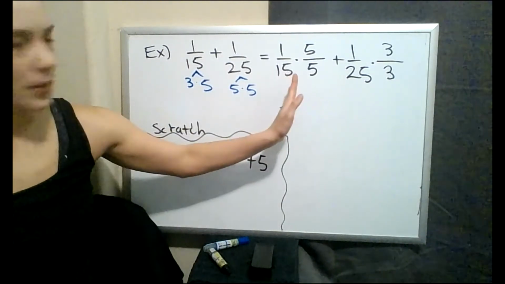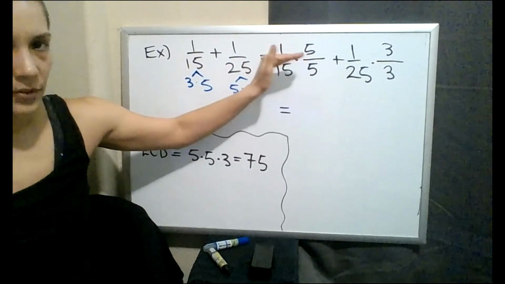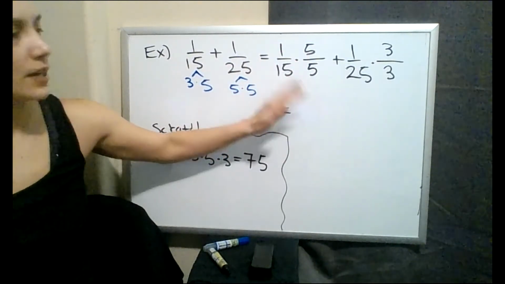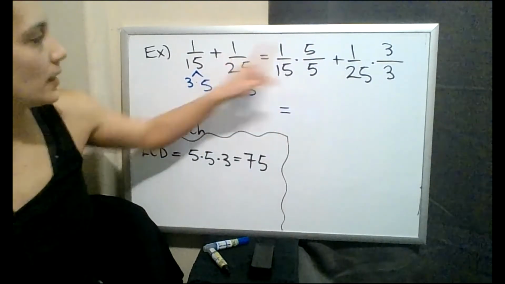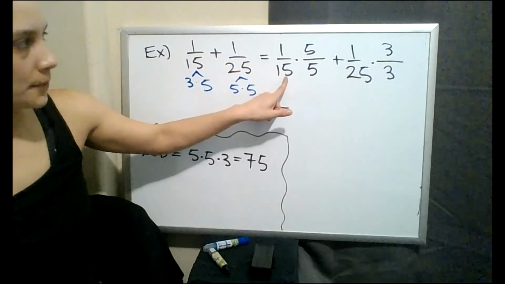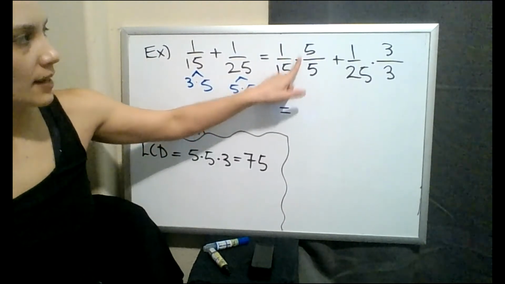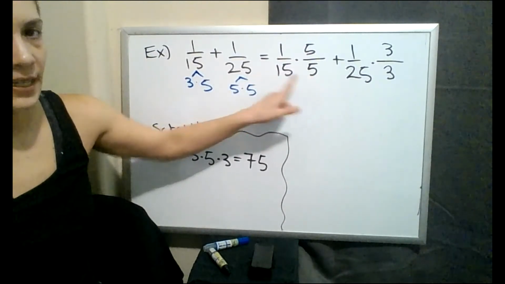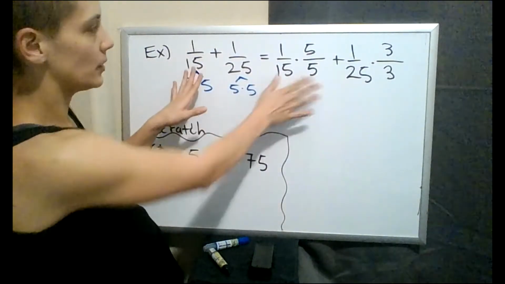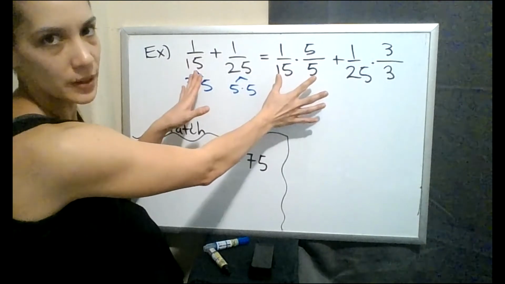Back to this problem, I also want to talk from here to here. Actually, we'll just work this next from here to here. So this number 1/15 is sitting right here. We're multiplying by a fancy number 1, and any number times 1 is still the same number. So even though it looks different, this is still the same number.